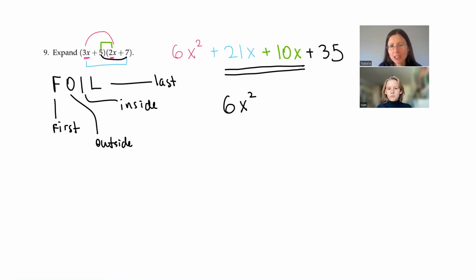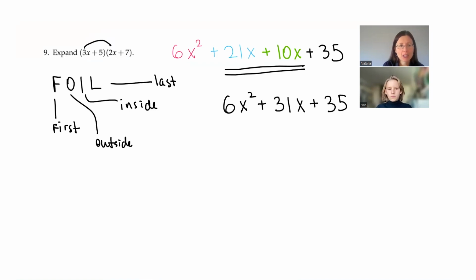So 21x plus 10x, we just add them. We get 31x, plus 35. And that's it here. So this is through FOIL. And if you would do the distributive property, you'll get the same thing.